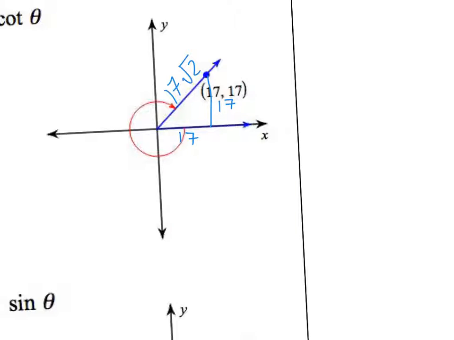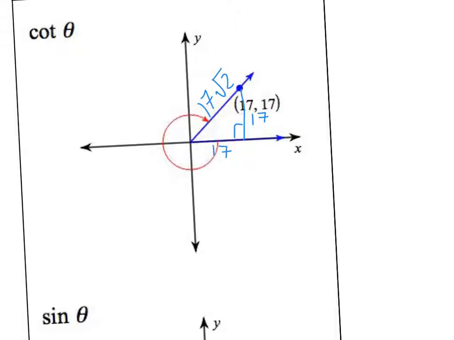Okay, so let's see what we have to solve. This says cotangent of theta. If our angle theta is here, we know that cotangent is like tangent, but flipped. If tangent of theta is opposite over adjacent, cotangent of theta is going to be adjacent over opposite.